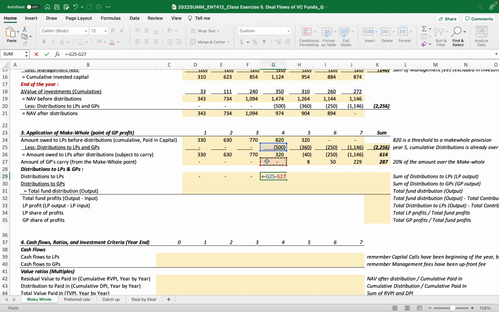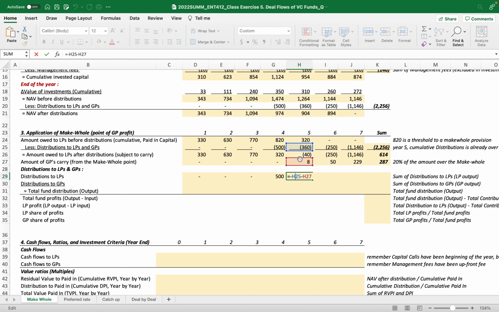Okay, what does that mean? 500 is distribution, right? But we need to take out the 20% of GP's carry. But year 4, there's no remaining excess of 820. That's why the 500 is in full the distribution to the LPs, right? But here, year 5, this 360 is not the full amount distributed to the LP.